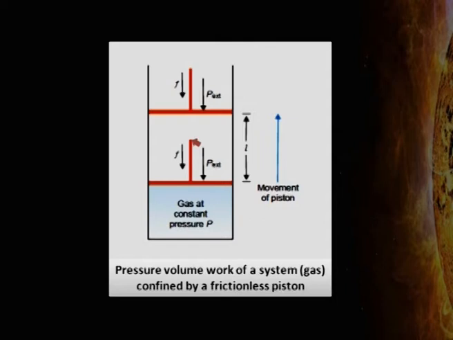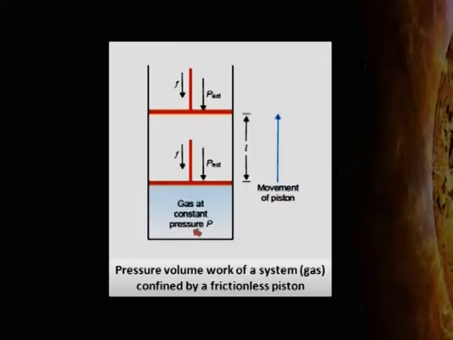Let this opposite force be designated as P external. You must remember that it is the external pressure P external and not the internal pressure of the gas which is used in evaluating work. This is true whether the work is of expansion or contraction.